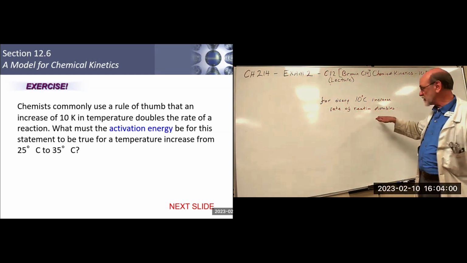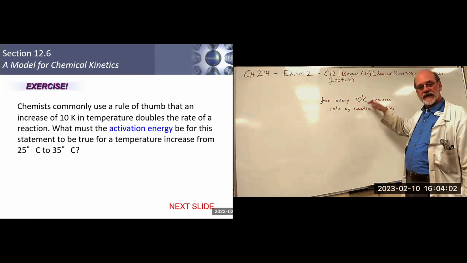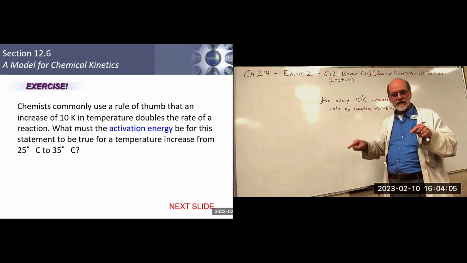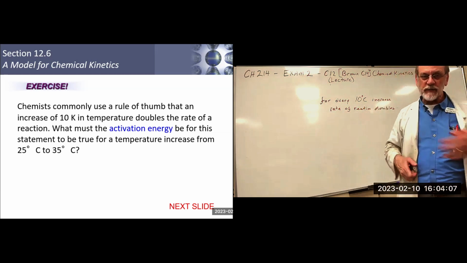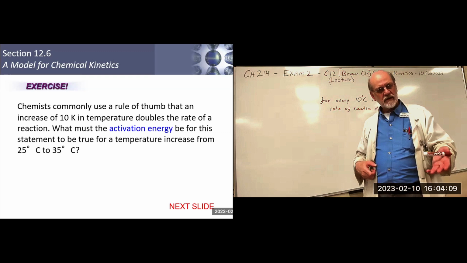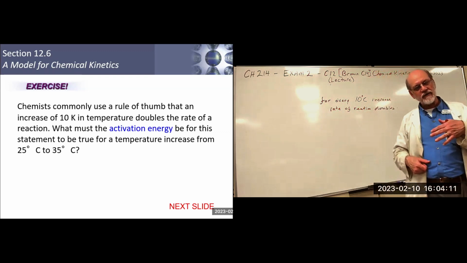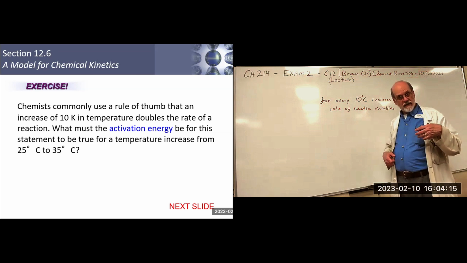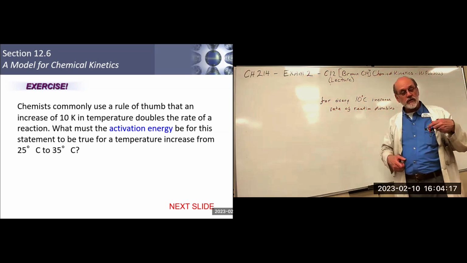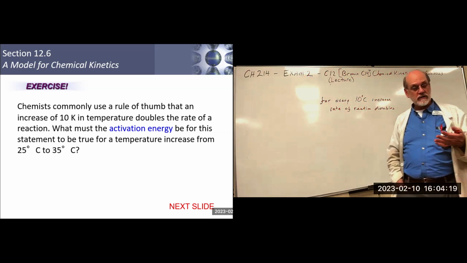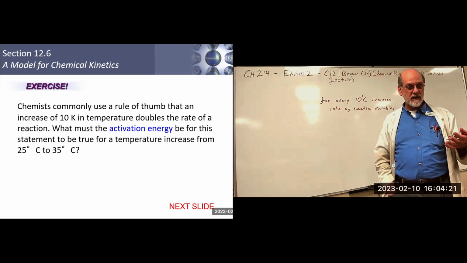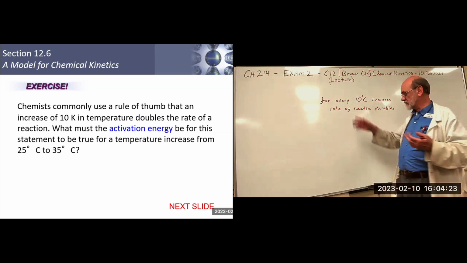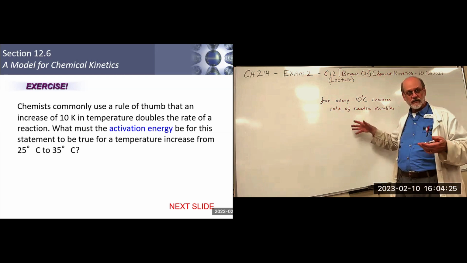For the reaction rate to double for every 10 degrees, what is the activation energy? Now, I had to pick a couple of temperatures that were reasonable. So I picked 25 degrees and 35 degrees. In order to use the linear version of the Arrhenius equation, I need a temperature spread, like 2 temperatures.